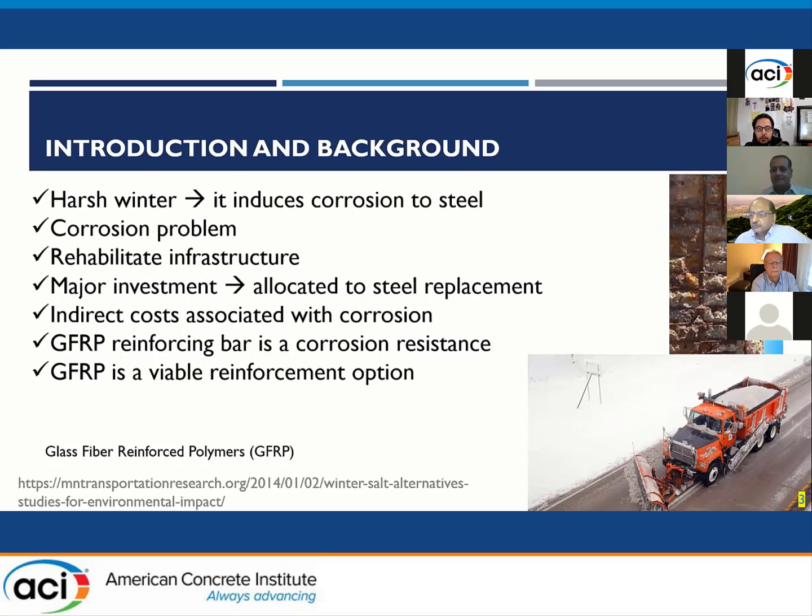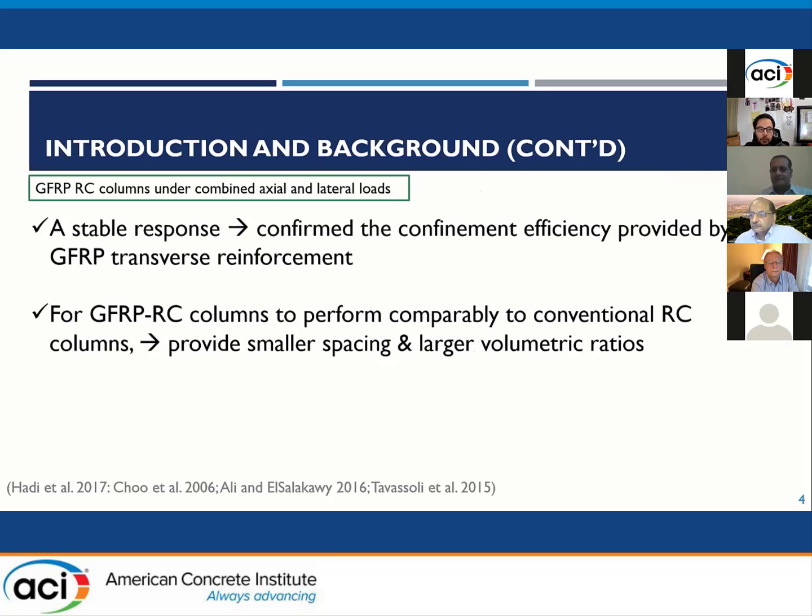GFRP is our choice in terms of corrosion resistance and a viable reinforcement option. As we have seen today, GFRP reinforced concrete columns have demonstrated a stable response, characterized by high drift ratios at failure and energy dissipation.